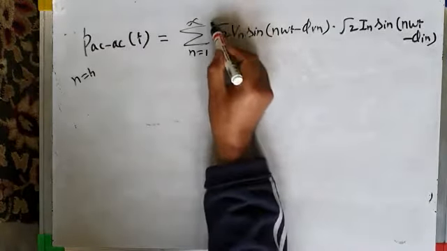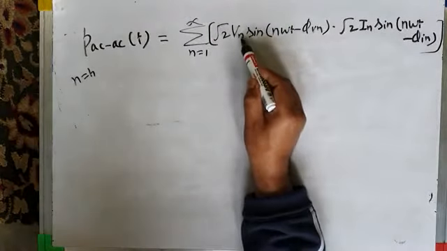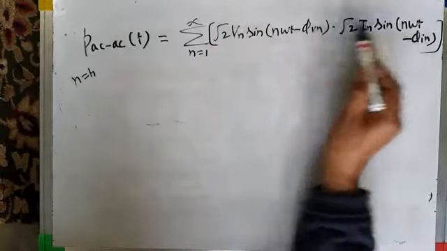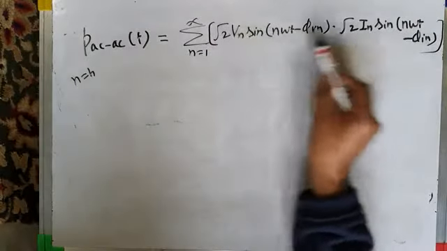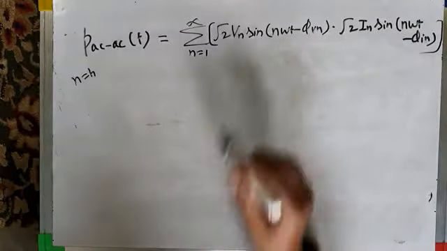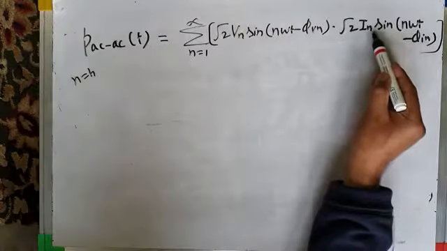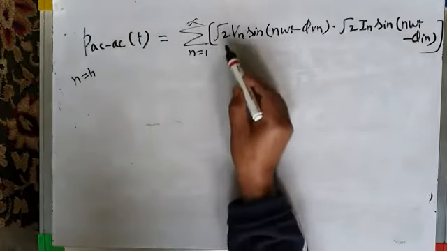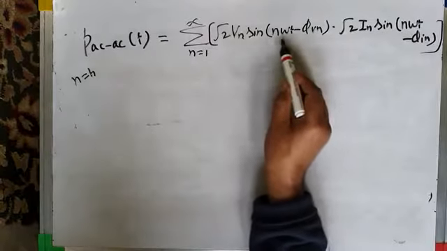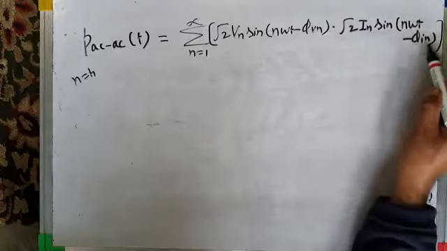Say, for example, you take n equal to 1 here also, here also. So fundamental components of current and voltage will interact, and they will give rise to some component of the power. Then if you put n equal to 2, you have to put n equal to 2 here as well as here. So then it will be root 2 V2 sine of 2 omega t minus phi V2, and here root 2 I2 sine of 2 omega t minus phi I2.